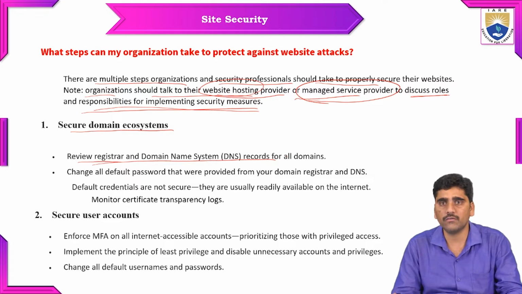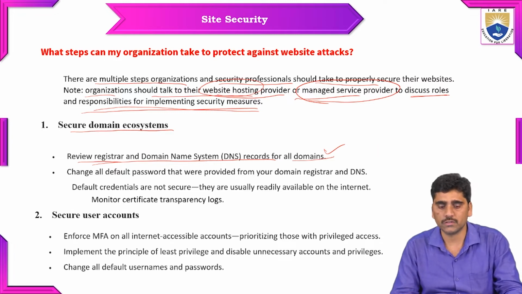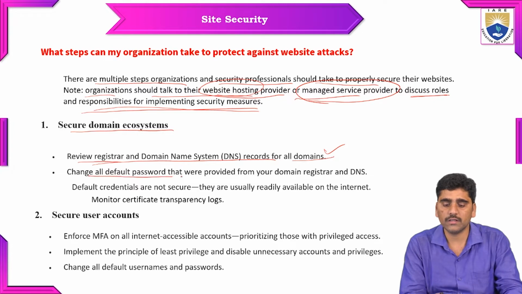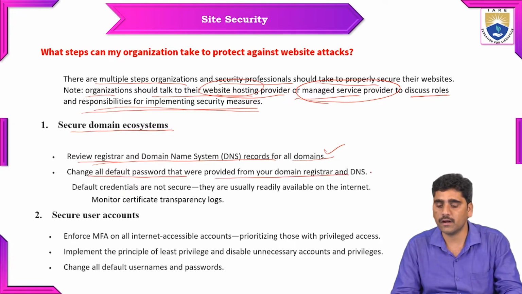Every time, we have to check whether all the domains are secure and recorded, reviewing them every day. And change all the default passwords that were provided by your domain registrar under DNS.